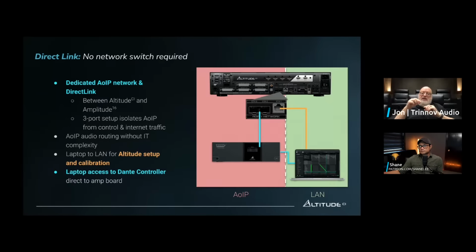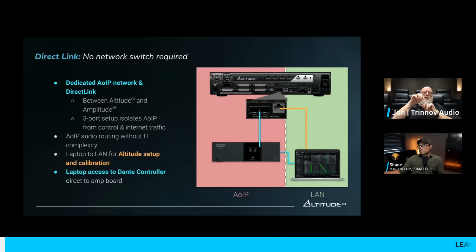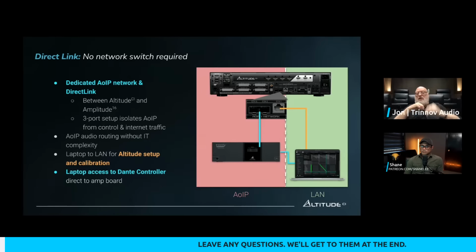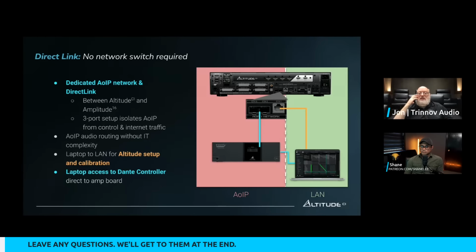And what this does is it creates its own little audio-only network. In effect, the Altitude CI and the Amplitude 16 have little network switches built into them already. And because they have that, they can talk to each other and understand what they need to do without having to use a bunch of complex networking stuff.